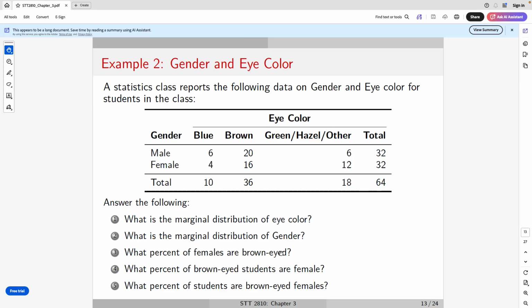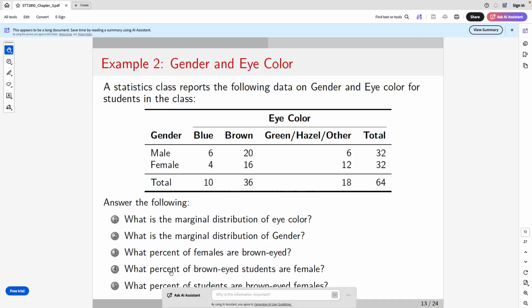Did you get 50%? Okay. The question is saying what percent of females? How many females in total do we have? 32. How many of them are brown-eyed? 16. 16 over 32. Is that okay? Good.